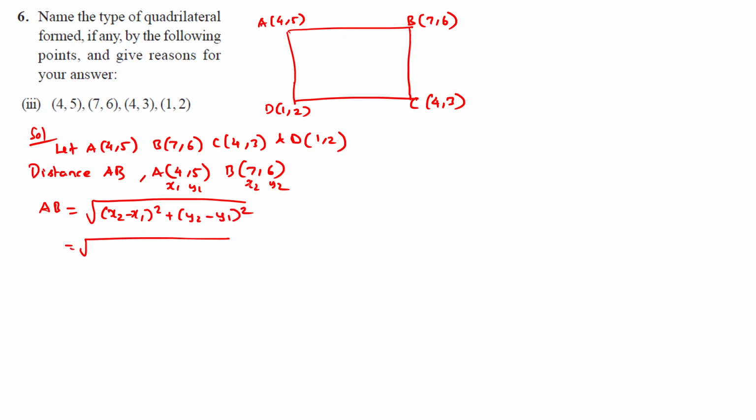So substitute the values. X2 minus x1 is 7 minus 4 whole square plus 6 minus 5 whole square, which is equal to root of 7 minus 4 is 3 square plus 6 minus 5 is 1 square. So value is 3 square is 9 plus 1 square is 1. We will have root 10.